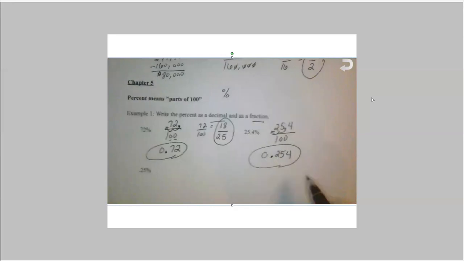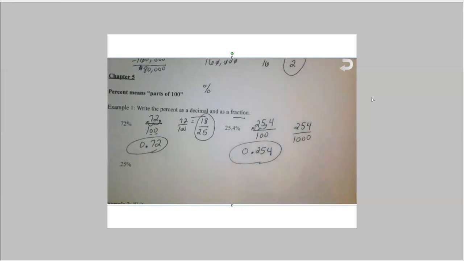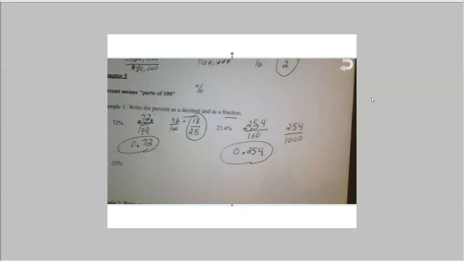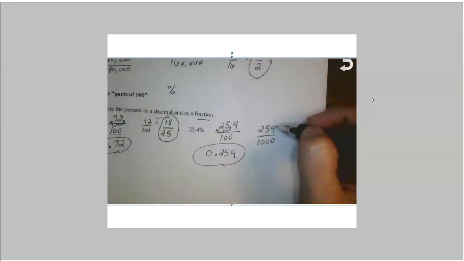If I'm reading this decimal correctly, because I don't ever want to leave a fraction with a decimal, that's just not proper. This is tenths, hundredths, thousandths. So that fraction is actually 254 thousandths. And I want to reduce that if I can. They're both even, so I can at least divide by 2.